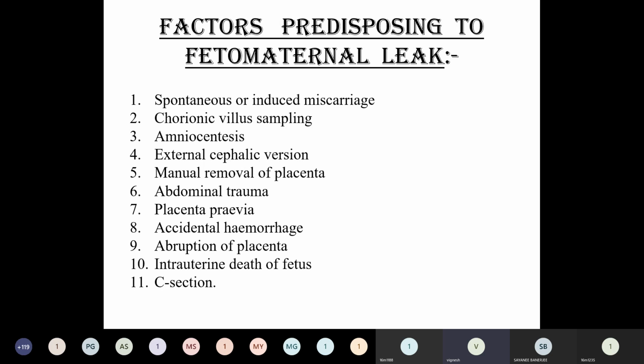Manual removal of placenta, any type of abdominal trauma which could be blunt, placenta previa, accidental hemorrhage, which constitutes antepartum hemorrhage, intrauterine death of the fetus, and cesarean section. So these are all the various factors which predispose to feto-maternal hemorrhage and RH isoimmunization.